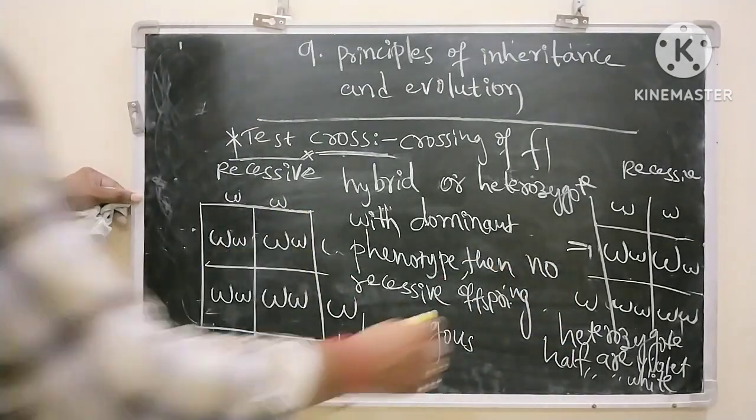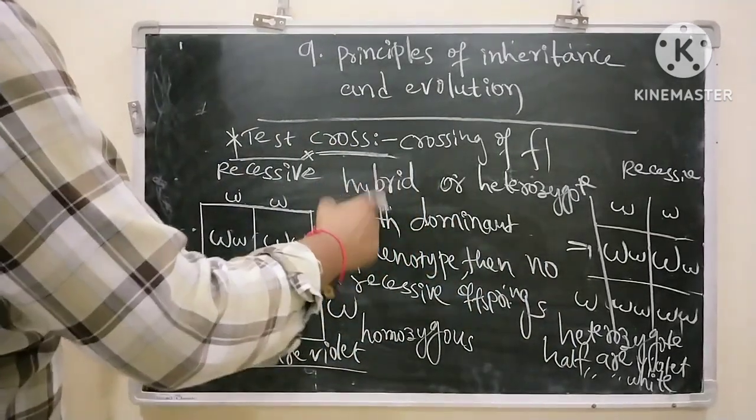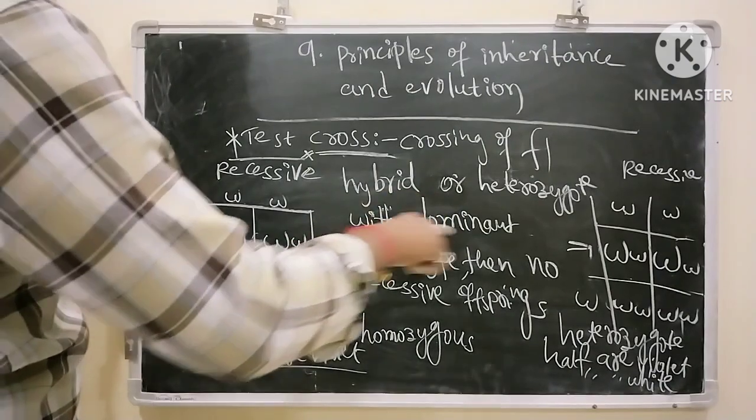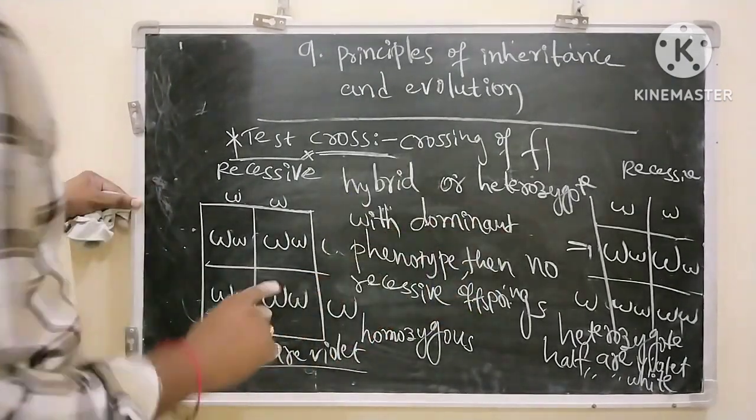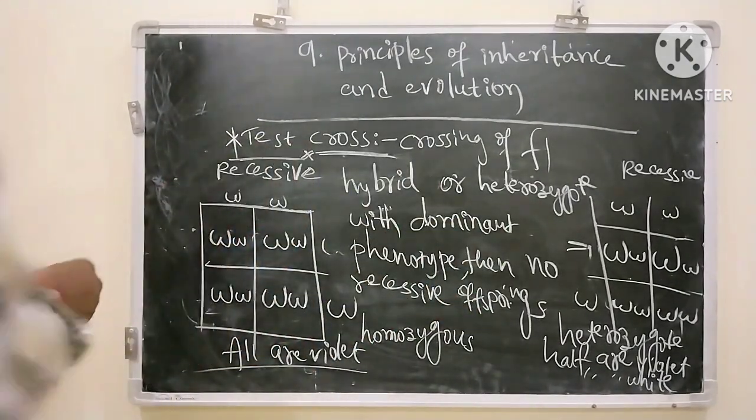The crossing between the F1 hybrid with the dominant phenotype, then no recessive offspring are generated. This is called test cross.